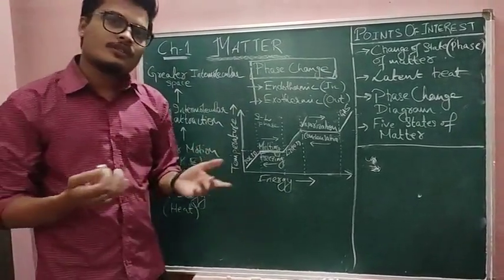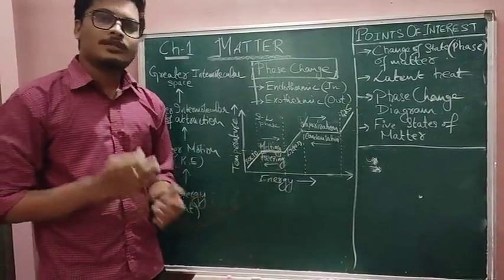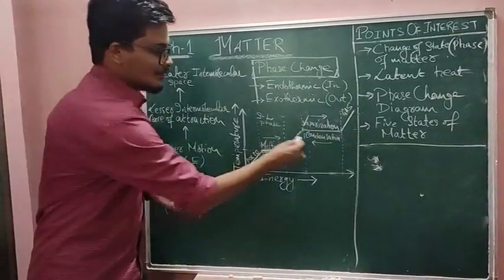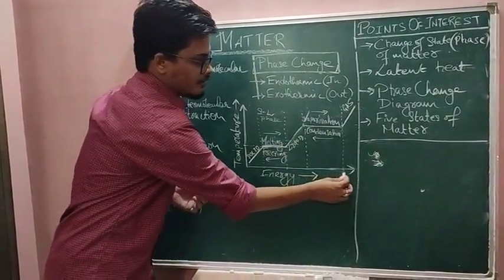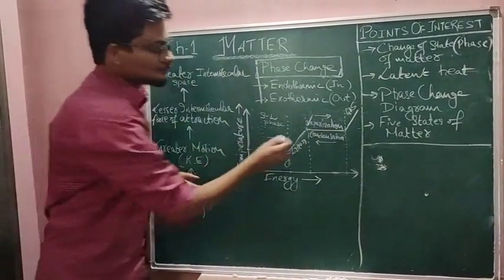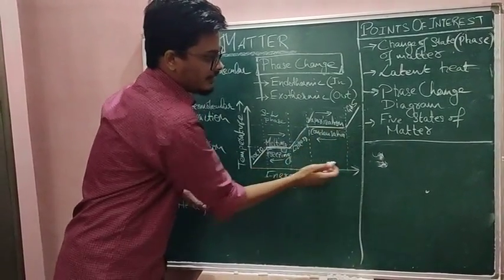Similarly, when you are supplying heat to a liquid, you will find that at a certain temperature the temperature will not rise, still you are giving heat, and you will see that the liquid will change to the next state, that is the gaseous state. Similarly, you are supplying energy and the temperature remains constant over here, but the energy is increasing.